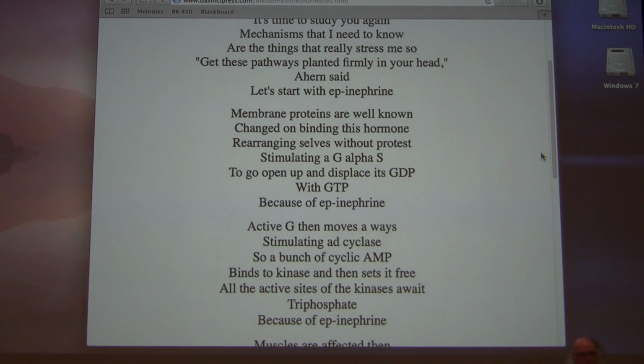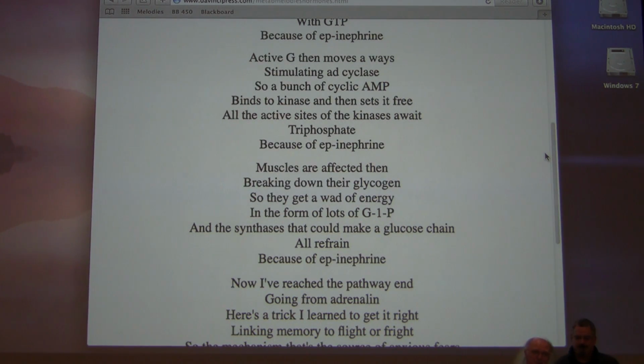Membrane proteins are well known, changed on binding this hormone, rearranging cells without protest, stimulating a G-alpha S to go open up and displace its GDP with GTP because of epinephrine. Active G then moves away, stimulating adenylate cyclase. So a bunch of cyclic AMP binds to kinase and then sets it free. All the active sites of the kinases await triphosphate because of epinephrine.